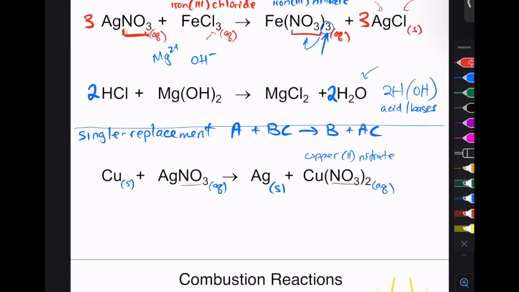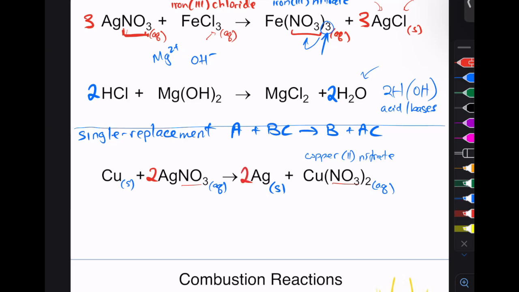This should be pretty easy to balance now. Let's just go back and forth. Let's start with the copper. There's 1 copper on the left and 1 copper on the right, so we don't need to do anything there. There's 1 silver on the left, there's 1 silver on the right. We don't need to do anything there. So we got 2 nitrates on the right, though, and only 1 nitrate on the left. So we have to balance the nitrates. Now the silvers were balanced, but they're not anymore. So now I have to balance the silvers.